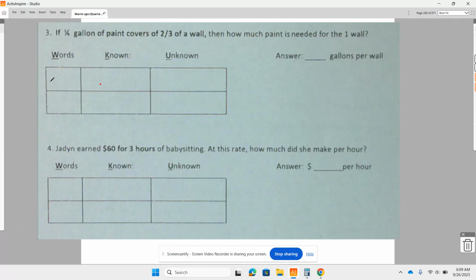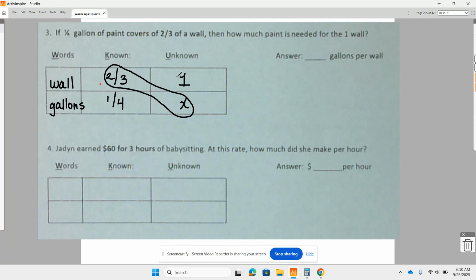Number 3 is very similar to number 2. Still relating the wall to gallons of paint. This time we have 2/3 of the wall for 1/4 gallon of paint. And we want to cover again the whole wall, per wall. Okay, cross products again.